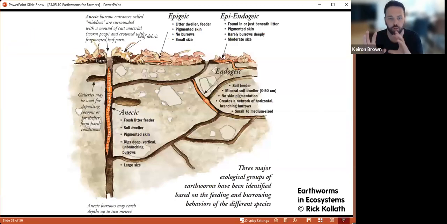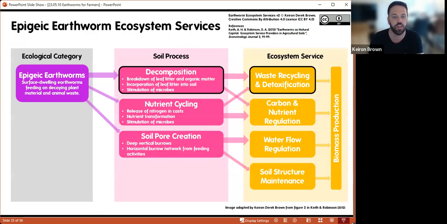So I want to return to those three ecological categories that we talked about, and I want to think about those soil processes and look at how different types of earthworm contribute to different ecosystem services. So if we go, first of all, to the epigeic earthworm, where you've got a black box around something, I'm trying to highlight that there's a really significant impact there.